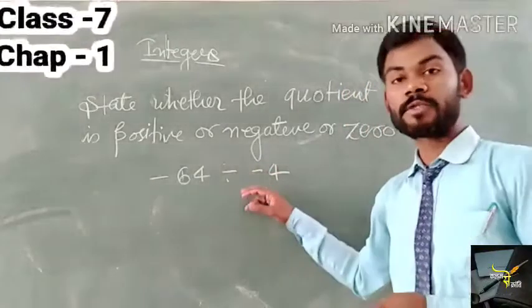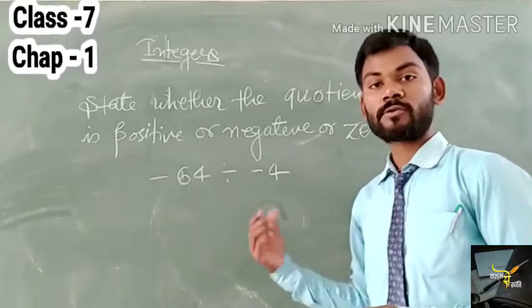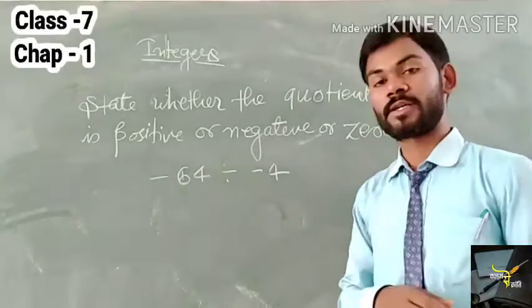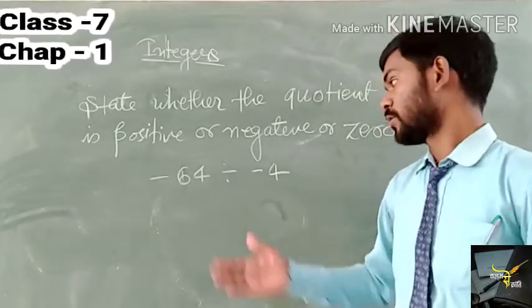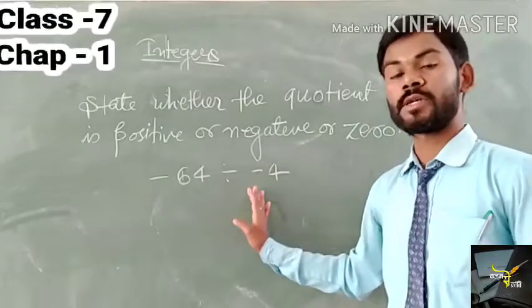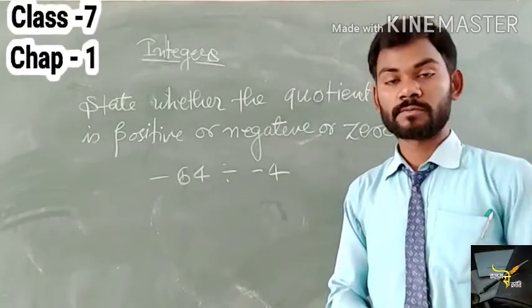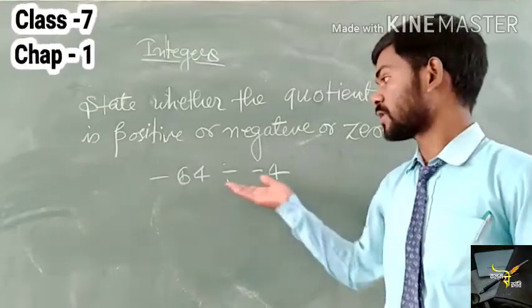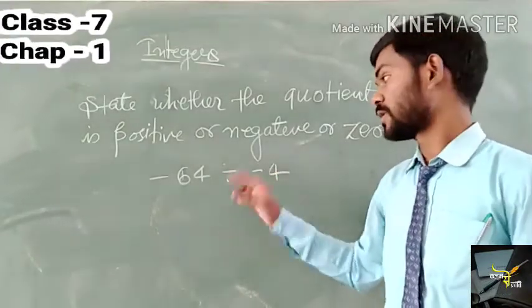Here we have to justify whether the quotient will be positive or negative. As I told you in the last video, when the dividend and divisor have the same sign, the quotient is always positive, so the quotient of this division is positive.